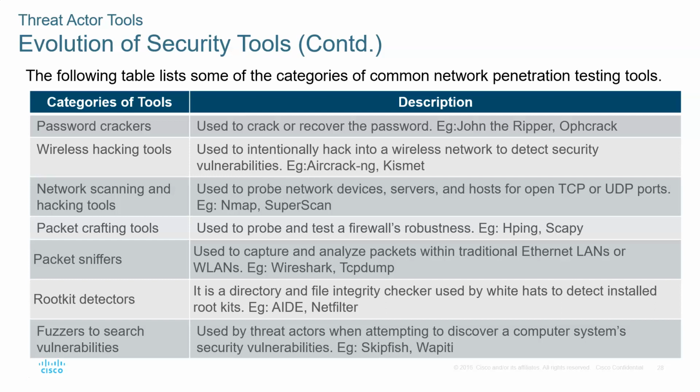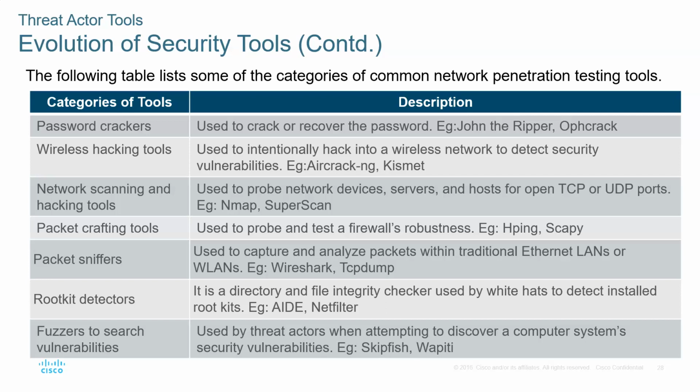For packet crafting tools, you have Hping and Scapy. Hping is also a very powerful tool. It can test the firewall to see what vulnerabilities exist and what packets are being permitted or denied on the firewall.